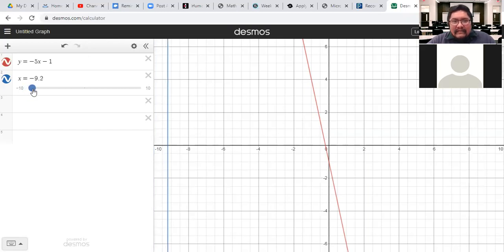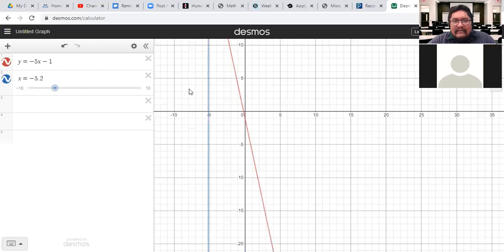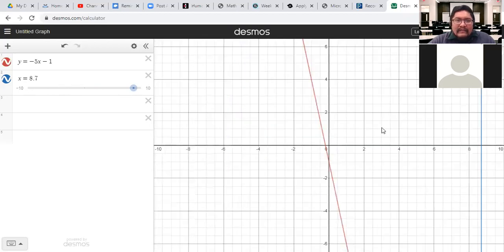Anyway, I'm going to go ahead and move my vertical line so that it's going from left to right. And again, I can zoom out a little bit if it helps. And we can see the intersection is only crossing once. There's only one spot that it will cross, and it's going to be more the same down there. So I don't really need to go all the way to the side.